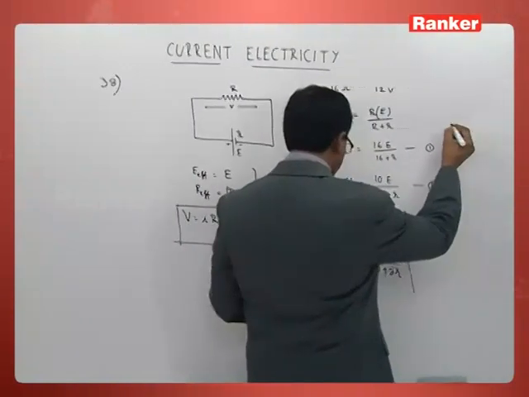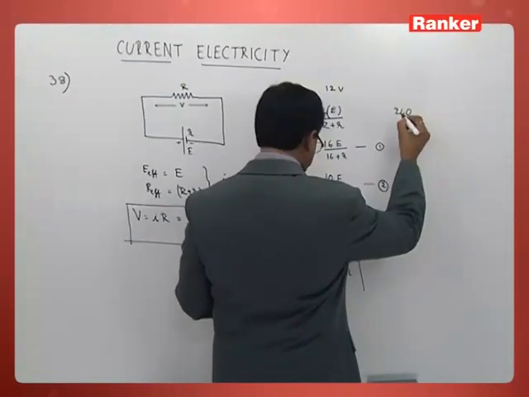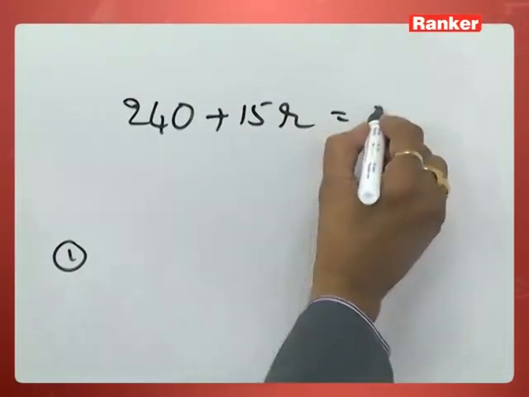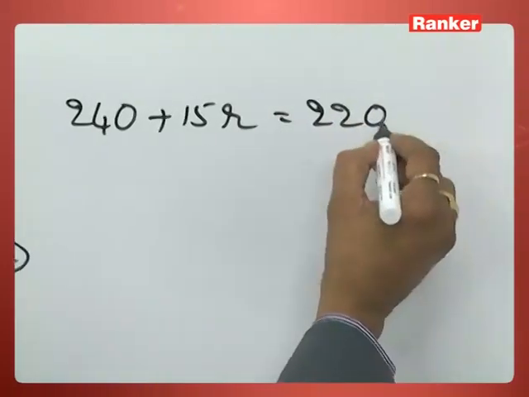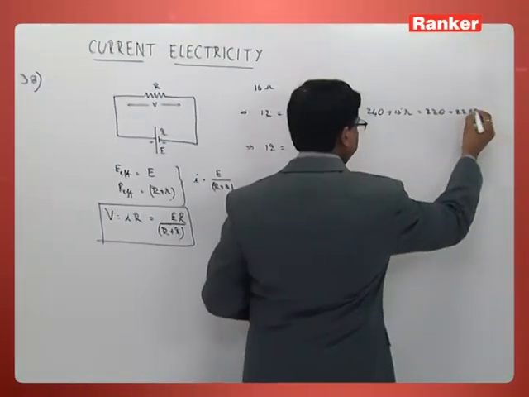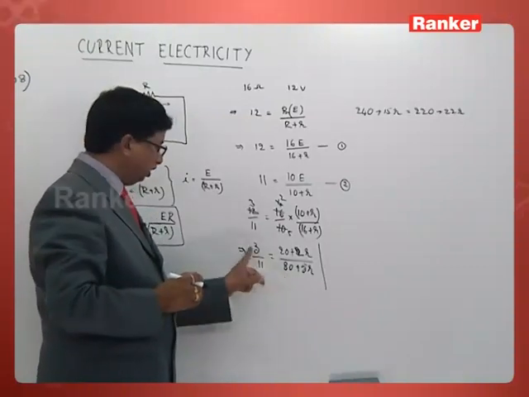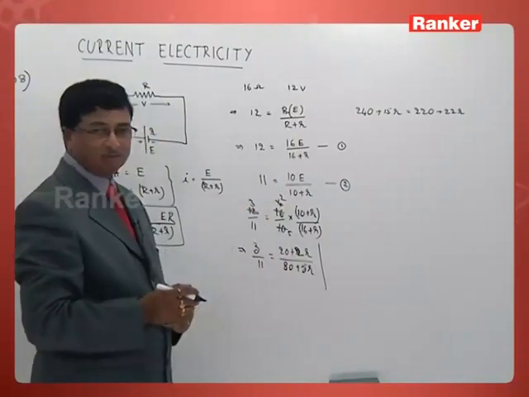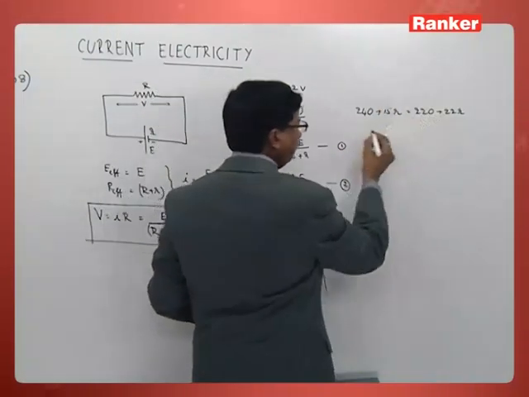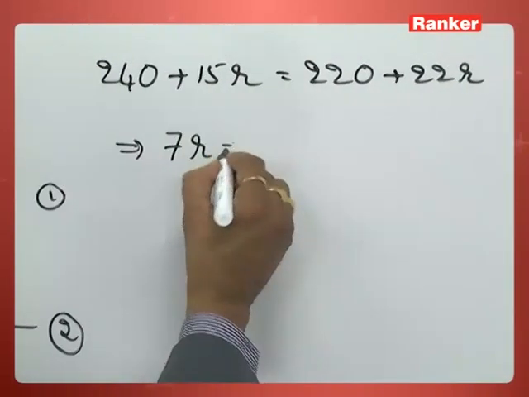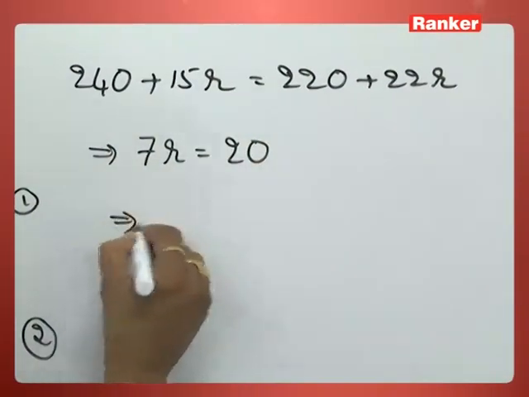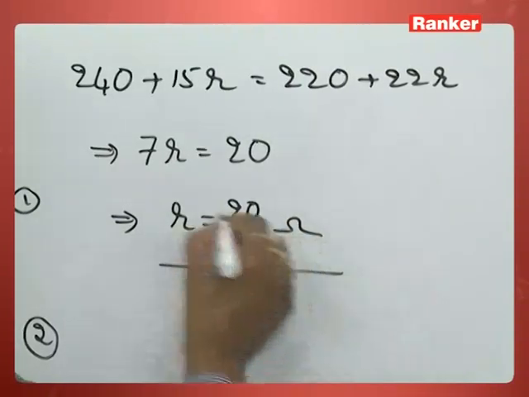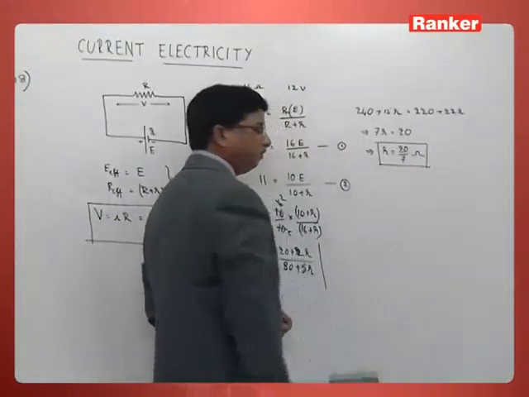It will now be how much? It is 240 plus 15r is equal to 220 plus 22r. 3 times 80, 240 plus 15r is 220 plus 22r. Now bring this one this side, you can directly get 7r is now going to be 20. Then what will be r? 20 by 7 ohm. Look at this calculation carefully.